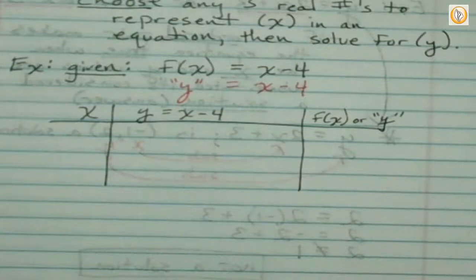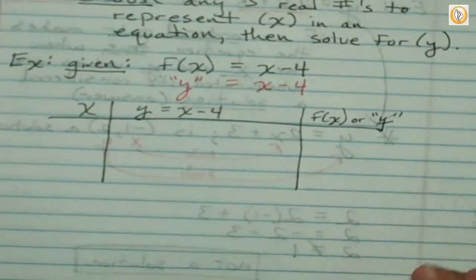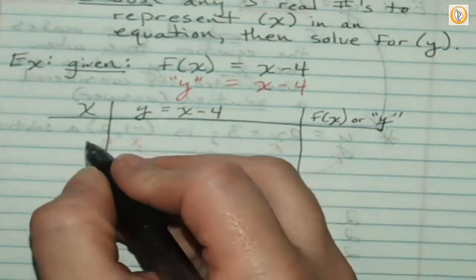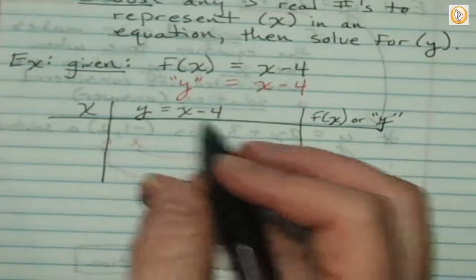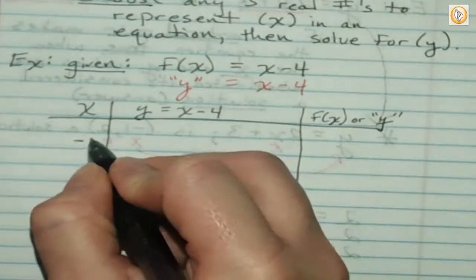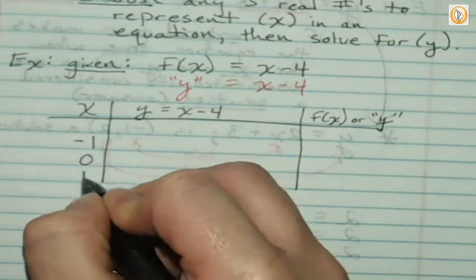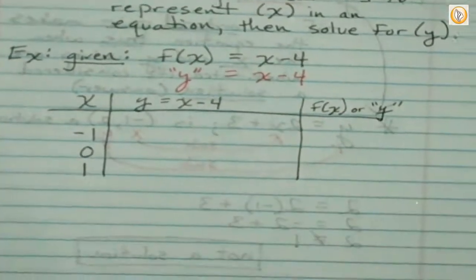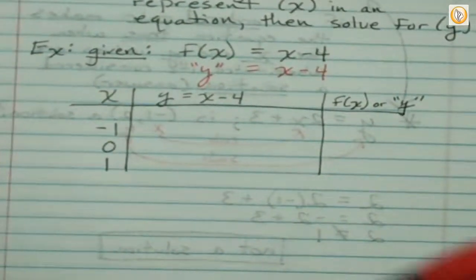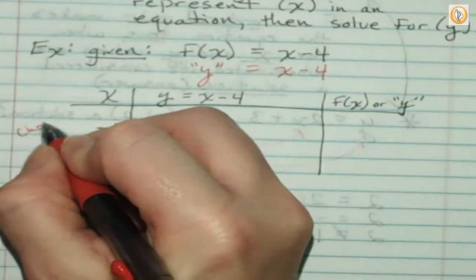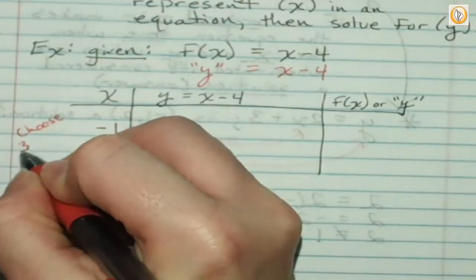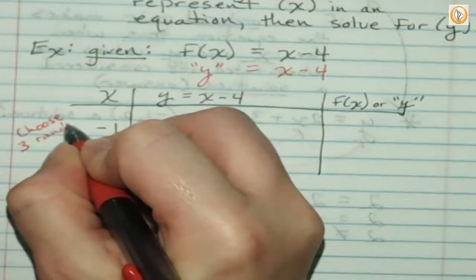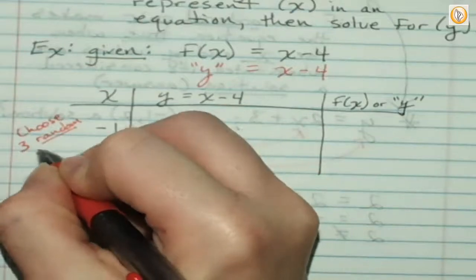So let's choose 3 random x's. I can choose, let's do -1, 0, and +1. Now remember, you choose 3 random numbers.